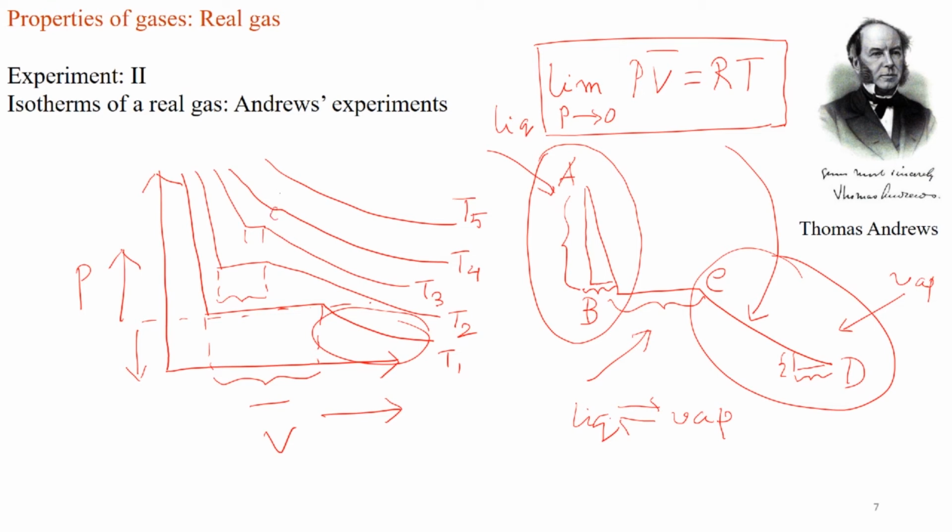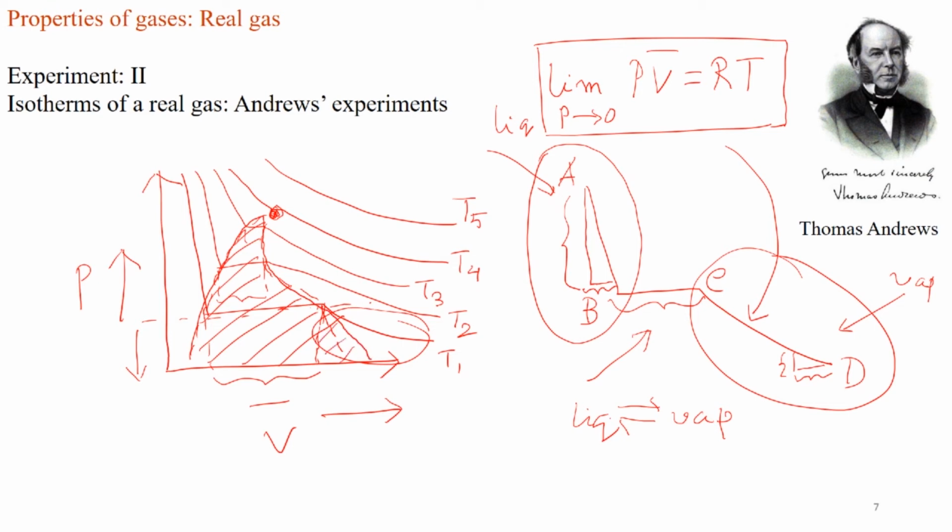And finally, it reduces to a particular point. So if we draw a line which connects these regions, we'll get a region where the liquid is always in equilibrium with its vapor. However, this region shrinks as we increase the temperature.